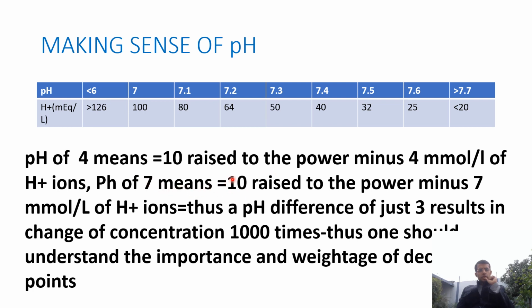A pH of 4 means 10 raised to the power minus 4 moles of hydrogen ion per liter. A pH of 7 means 10 raised to the power minus 7 moles per liter of hydrogen ion. Thus, a pH difference of just 3 results in a concentration difference of 1000 times. Thus, one should understand the importance and weightage of decimal points even in pH. So it is one test where you have to give so much importance to the decimal points.